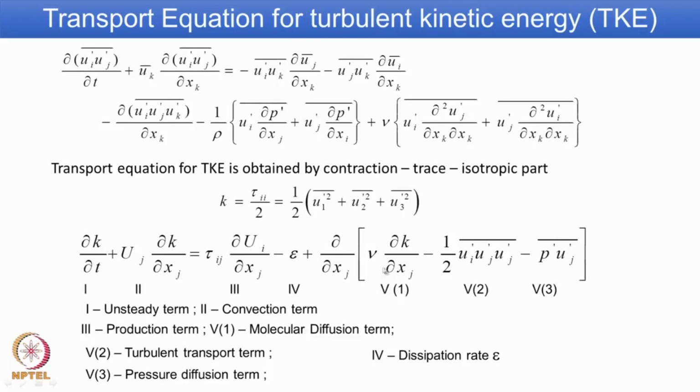The first term in the fifth term is actually diffusion, but the diffusion is by molecular viscosity nu. The second term is also diffusion, but it is by u_j'. So, it is called turbulent diffusion, and the third term is also diffusion, but that is by pressure. So, we have the first term as molecular or viscous diffusion, the second term as turbulent diffusion, and the third term as pressure diffusion.